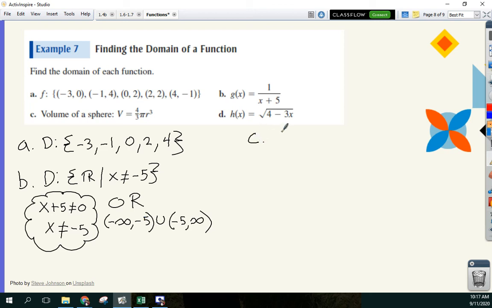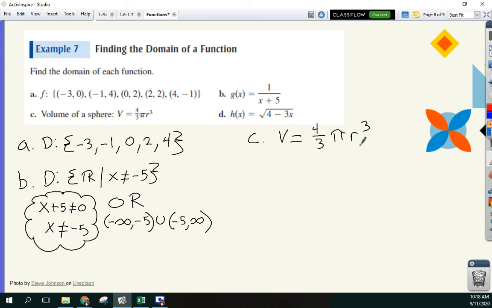On C, notice that I have V equals 4/3 pi r cubed. But they tell us that this is the volume of a sphere. And that's really important because technically, if we just had this equation, r could be any number. I can plug anything into r, multiply it. There's not any restrictions on it. It's just being cubed.